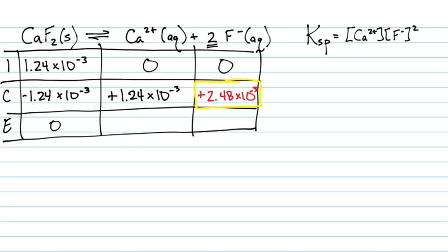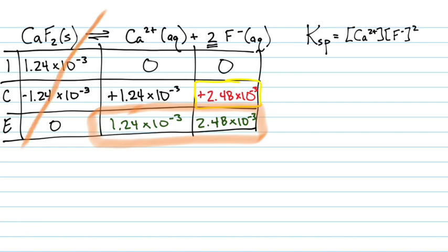I'll carry those on down, and then I actually have the amount of each that would be dissolved in the solution. These are my equilibrium concentrations. I don't care about the equilibrium concentration of CaF2. I did need that original number to kind of get started with this.